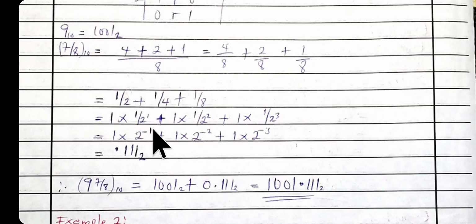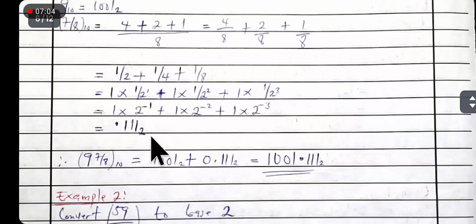This is raised to power minus 1, this is minus 2, this is minus 3. So there is no number that is omitted, no power that is omitted. So that is why we didn't include anything. But in the next example, you discover that some powers will be omitted, and I will show you why. Since no power is omitted, the answer to this is, since it's minus, we put dot, bring this one down, 1 of this one down, 1 of this one down.